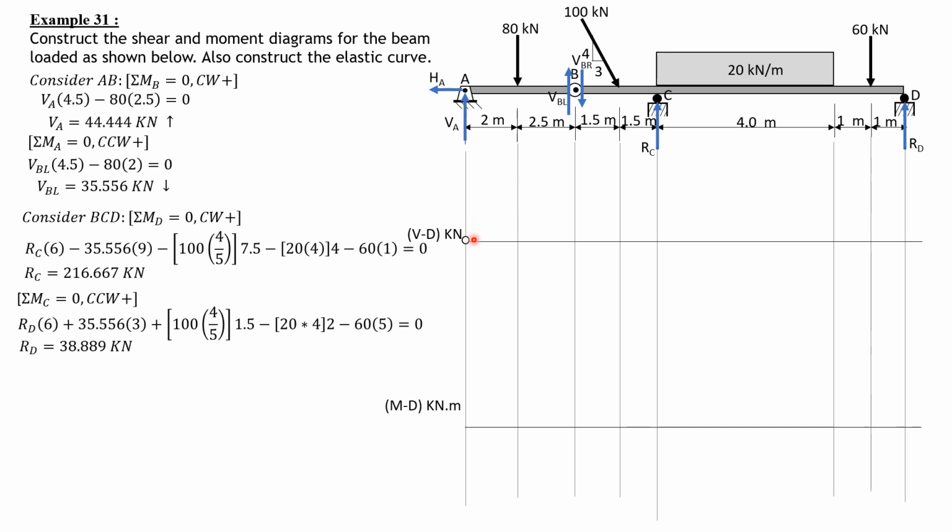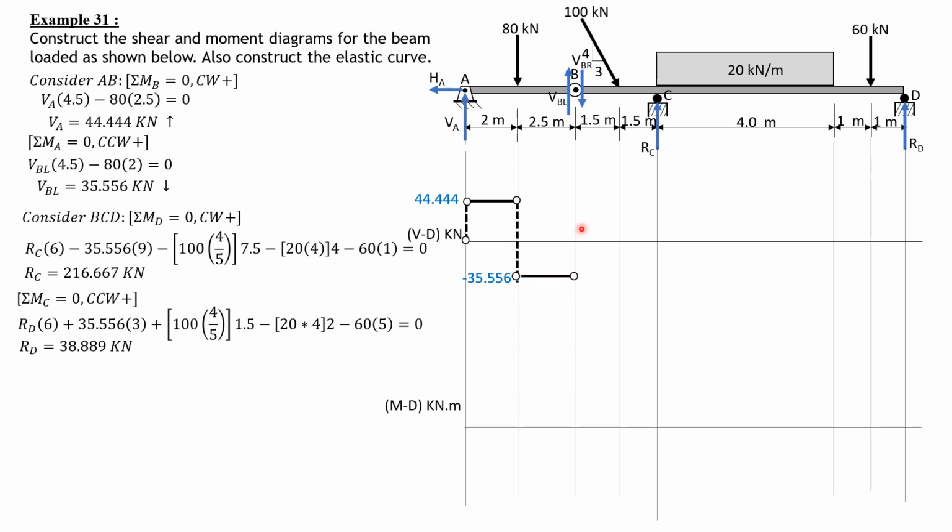So first we go up 44.44. Then between A and this load, no load, so constant 44.444. Minus 80 is negative 35.556, which is the shear here, constant.